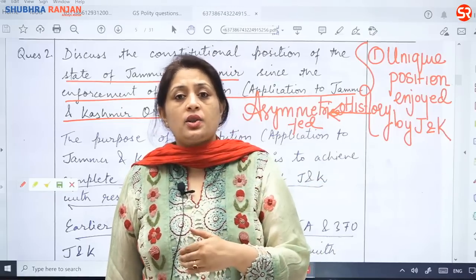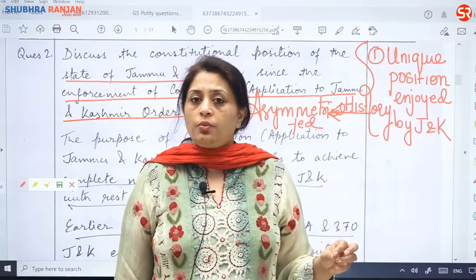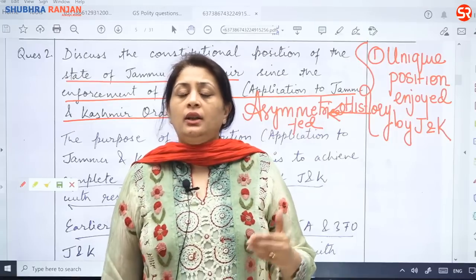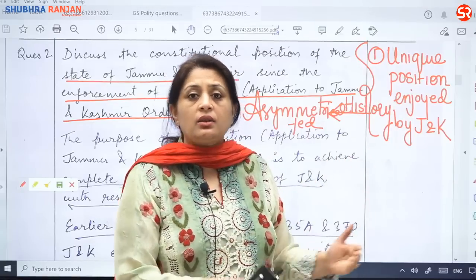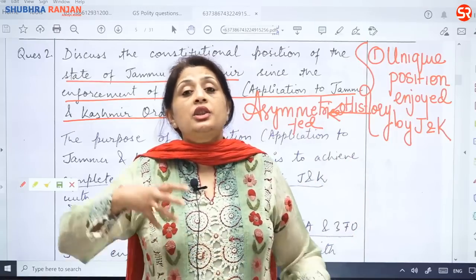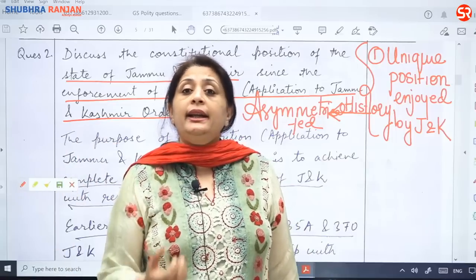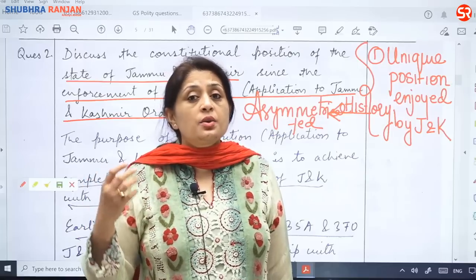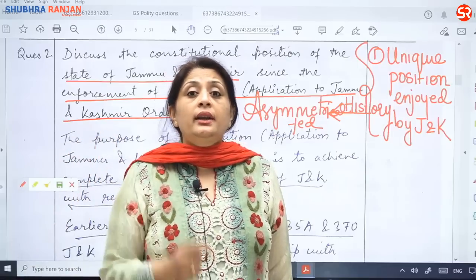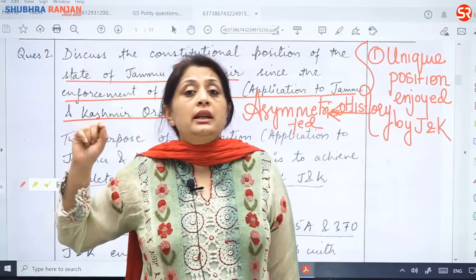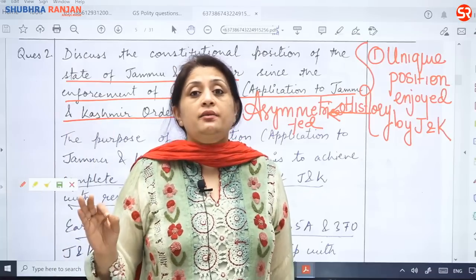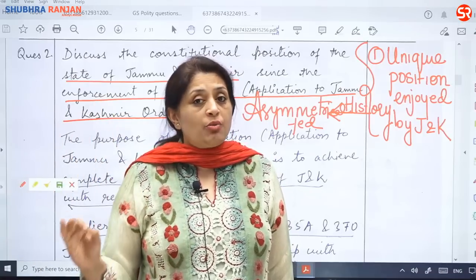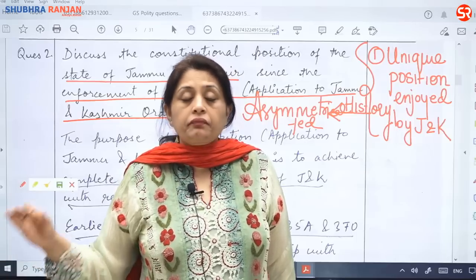The other section of Indian public opinion considered that it will prohibit the complete integration of Jammu and Kashmir, and it provides a legal basis to the separatist trend in a geopolitically sensitive state of Jammu and Kashmir.